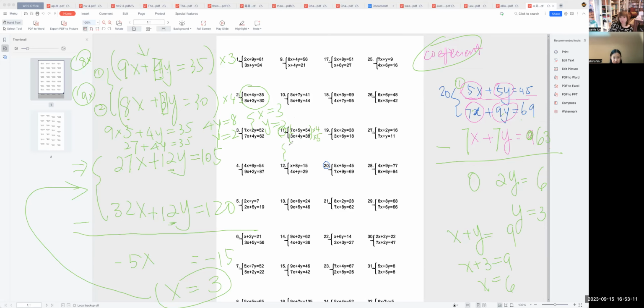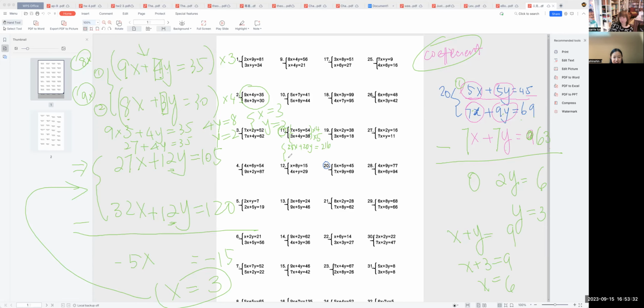Read it. Do it with me. I'm going to be your secretary. You do it by mouth, and I write it for you. 28x, okay, 20y equals 216.